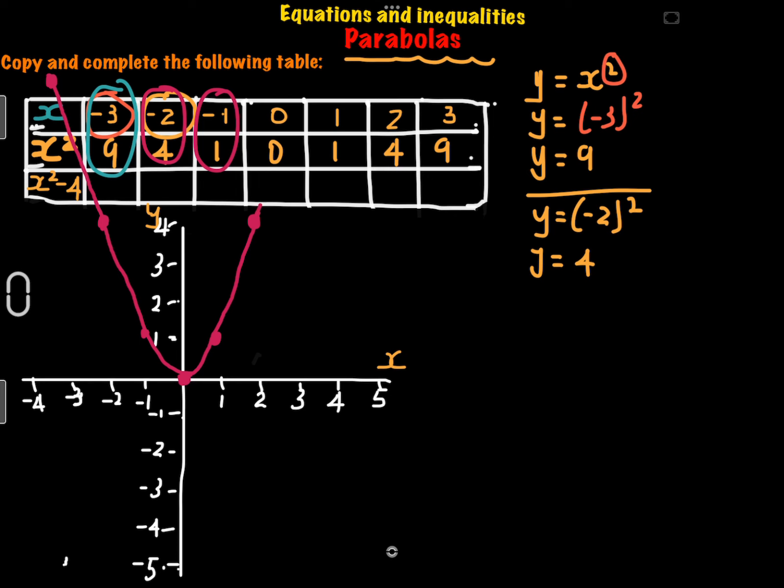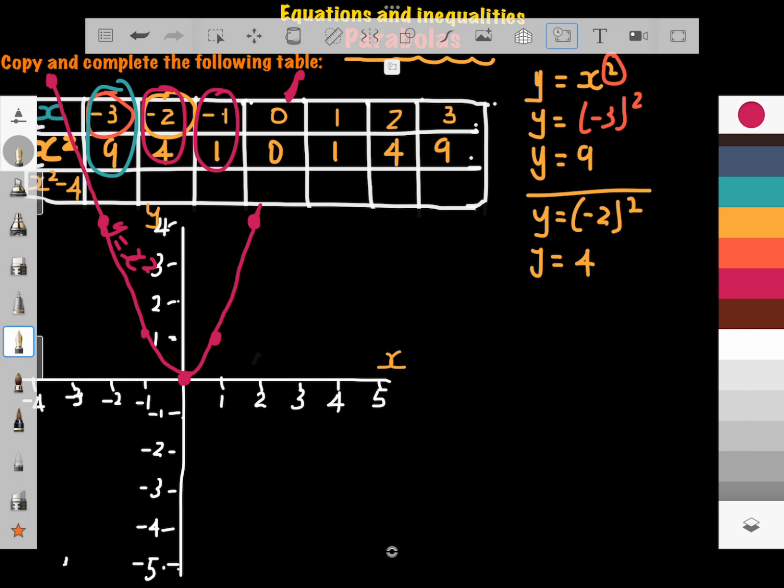And when x is equal to 3, y is equal to 9. So our graph will look like this. So essentially, this graph represents y equals x squared.